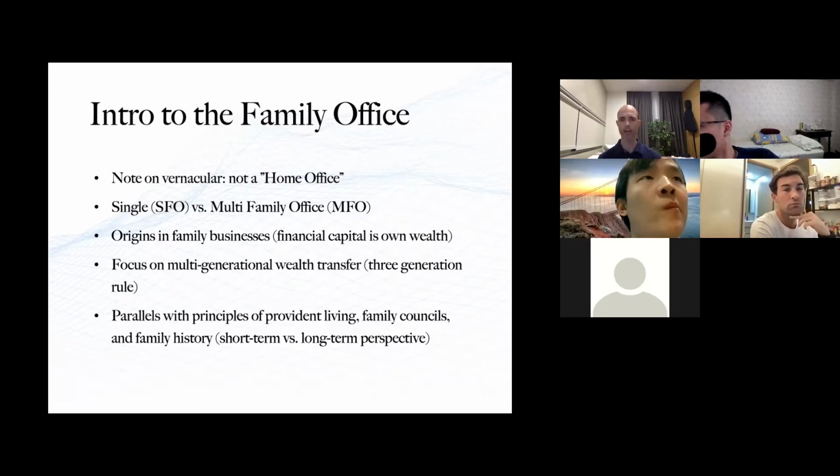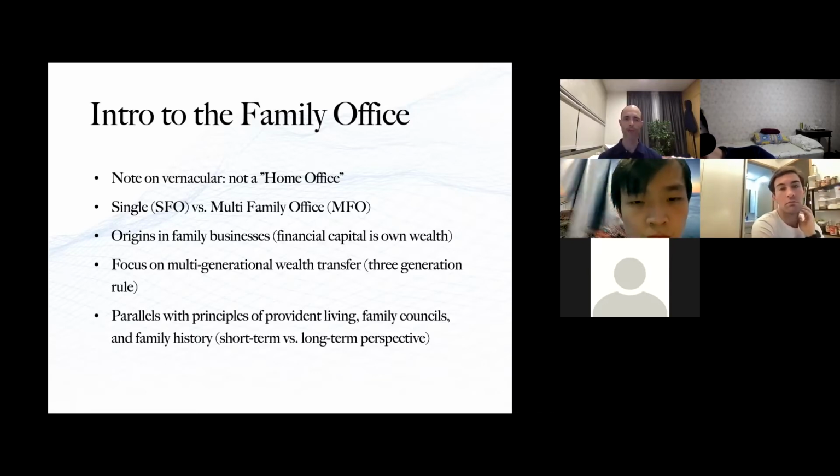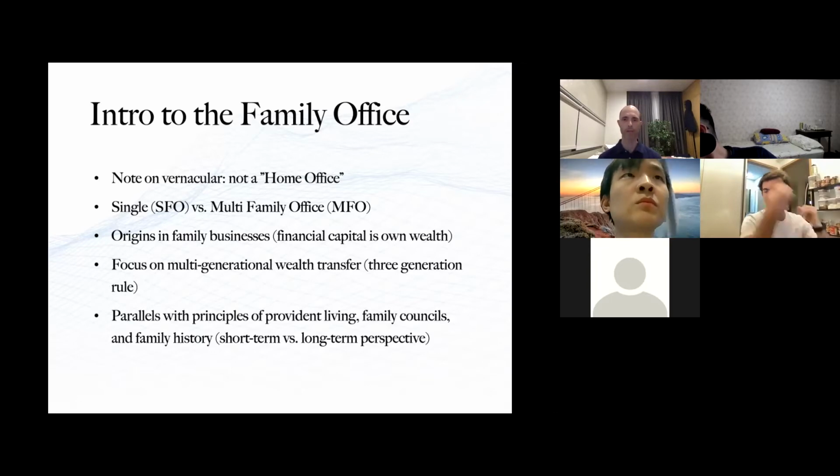One note on terminology. Some people refer to family offices as home offices, but this is not a correct term to use to describe it. Those in the industry who work in private wealth management, who work with family offices or for a family office, home office means for most people where you work during COVID.